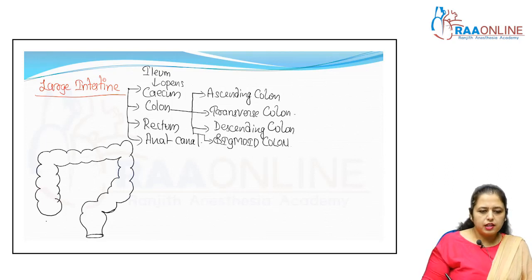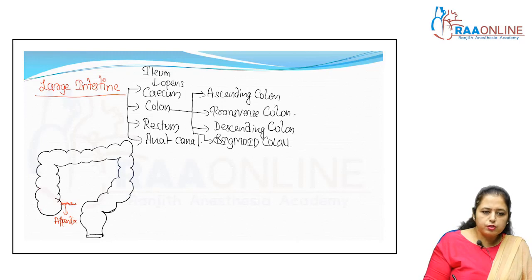It's a tentative diagram just to understand, right? In the cecum region, there is a worm-like, highly coiled structure, which is called the appendix. It is called the vermiform appendix, right.